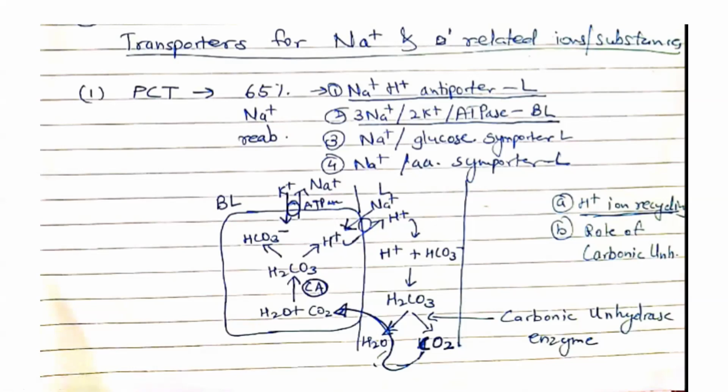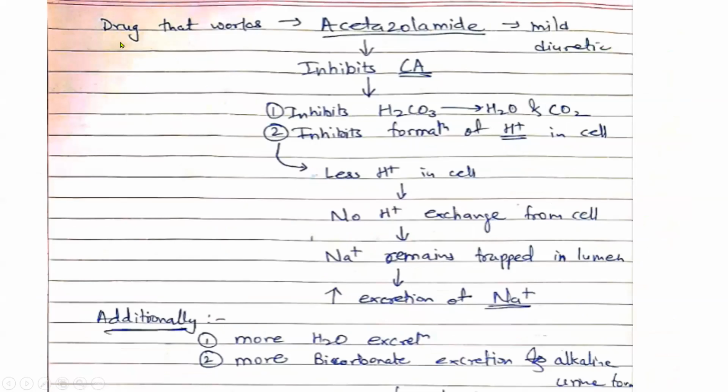To make it clearer, we will talk about acetazolamide later. What happens if we inhibit carbonic anhydrase? It will inhibit H2CO3's conversion into water and carbon dioxide. It will inhibit the formation of H plus in the cell. So less H plus in the cell, no H plus exchange from the cell, sodium remains trapped in the lumen, and it will lead to increased excretion of sodium.